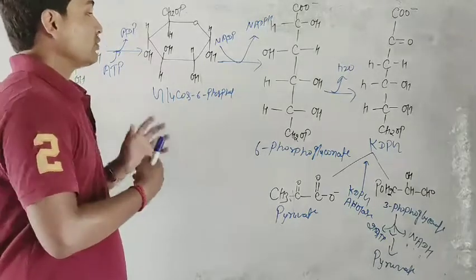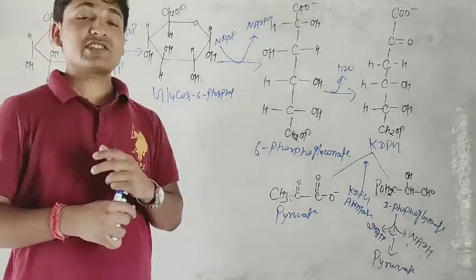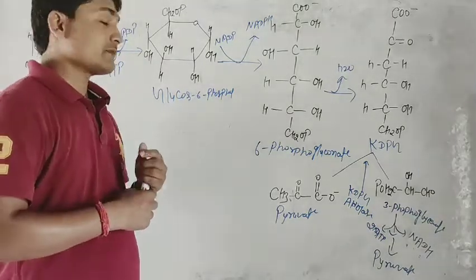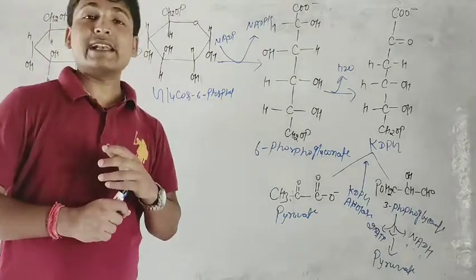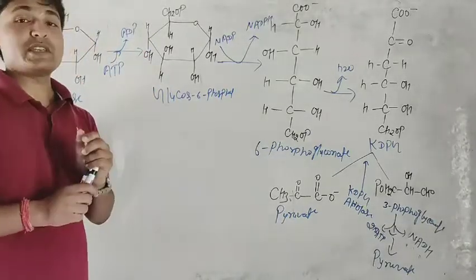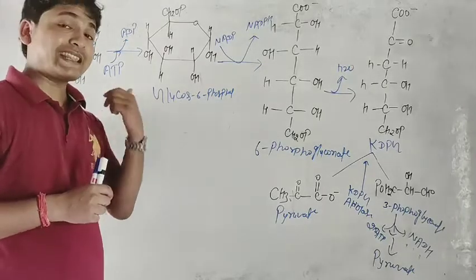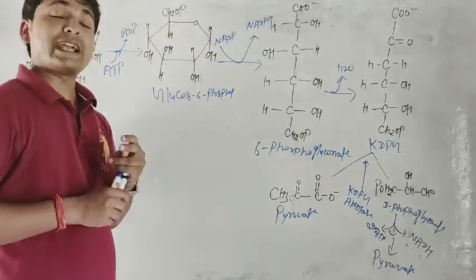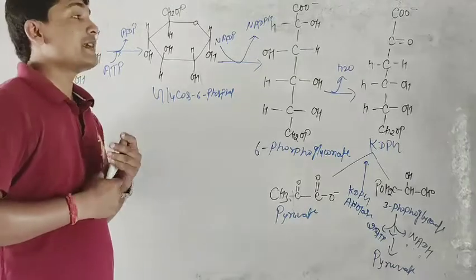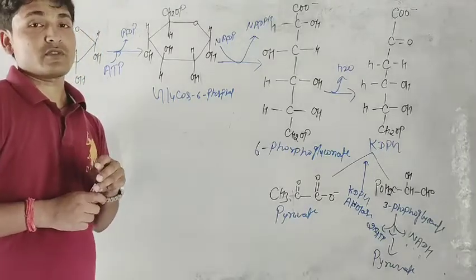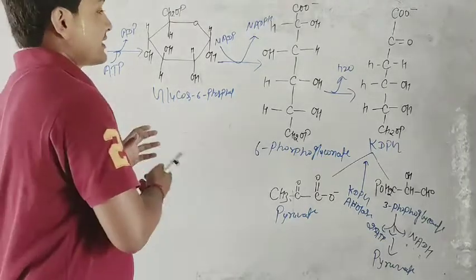On the basis of energetics, this reaction forms 1 NADH, 1 NADPH and 1 ATP, and in the glycolytic pathway 2 ATP and 2 NADH are synthesized. So this is the broad sense of the Entner-Doudoroff pathway.